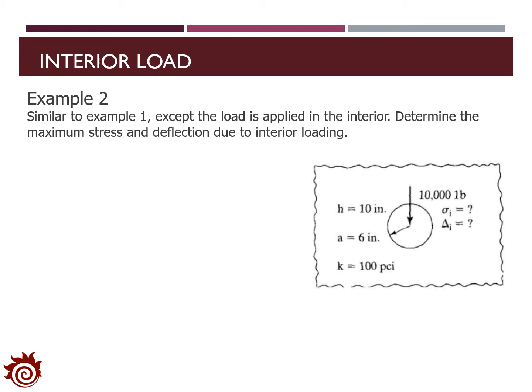For this problem, we need to estimate the maximum stress, which is shown in the equation sigma i equal to 3P times (1 plus mu) divided by 2 pi h squared times (ln(L over b) plus 0.6159). In this equation, we know almost all the variables except b.